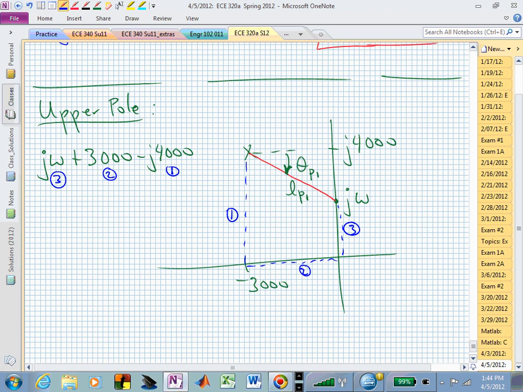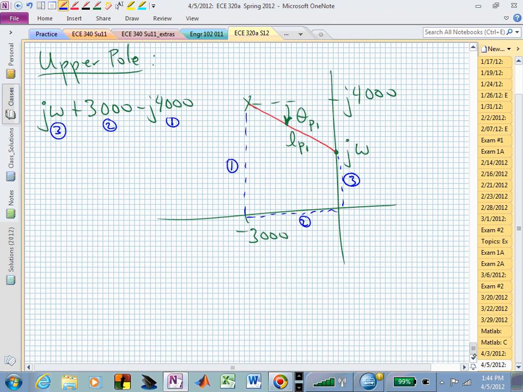Meaning, the vertical distance that we've displaced is simply whatever this omega is, minus 4,000. We just need this distance vertically, and we need this distance horizontally. And that will give us the hypotenuse of that triangle. Is that okay? Or clear?